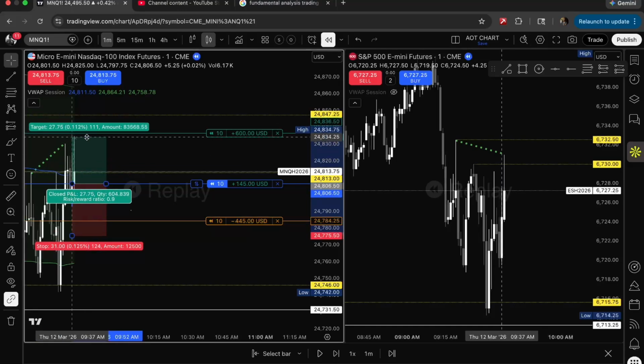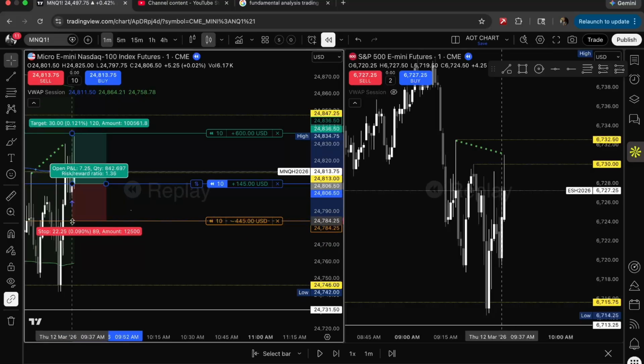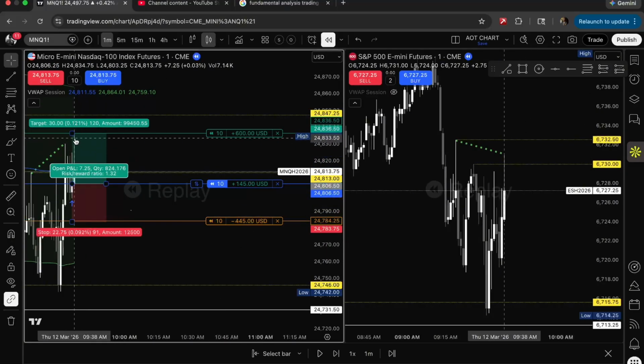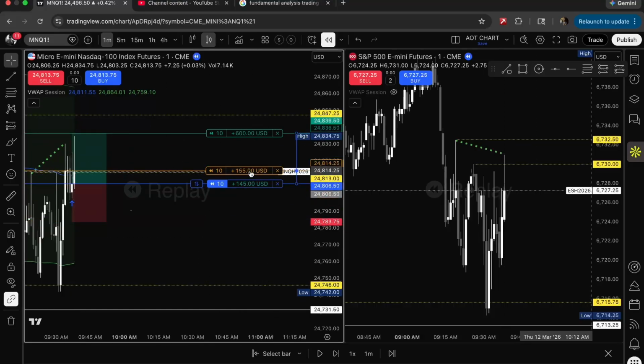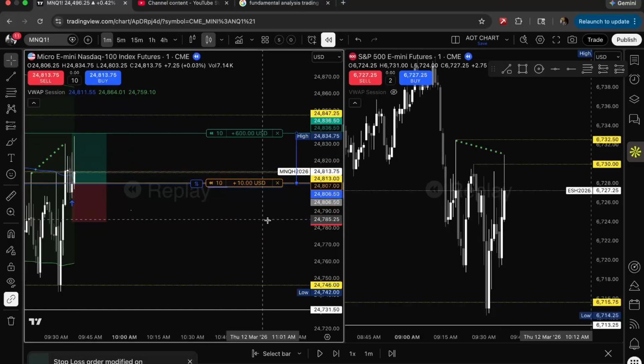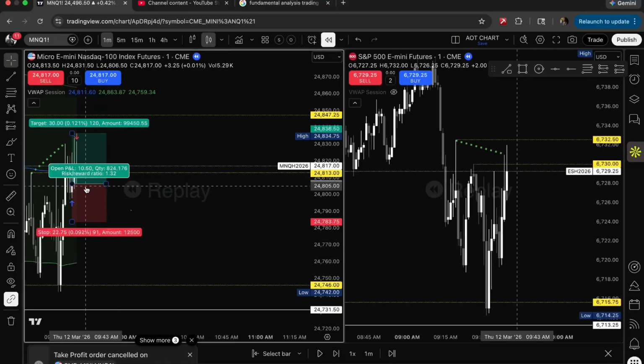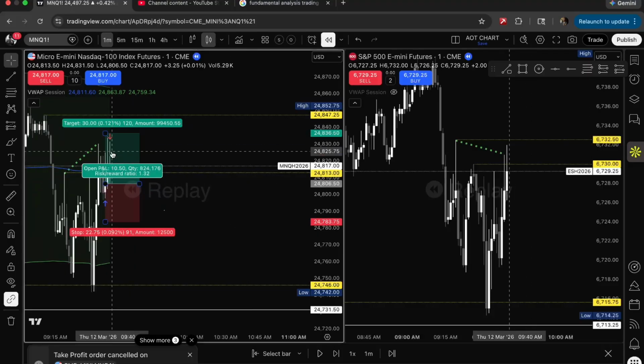How many points was this? No, this was like 28 points, almost 30 points. If I don't just close it, because I can't close it since we're backtesting, I'm gonna drag my stop loss here to protect me from price reversing on me. Okay, and it stops me out, and I don't lose any money.